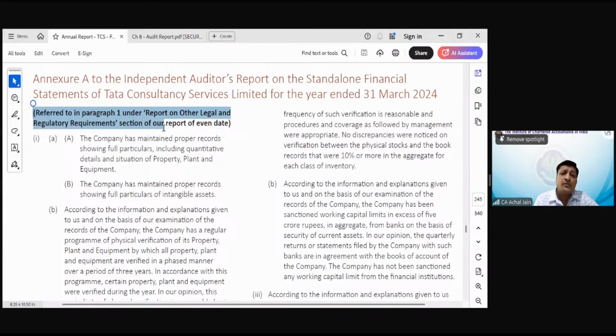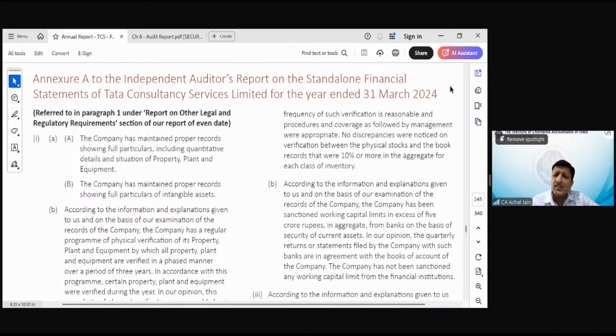It says this Annexure A is referred to in para 1 under the report on other legal and regulatory requirements section of our report of even date. The main audit report gives a reference to the annexure, and the annexure gives a reference to the main audit report, so a linkage between the two is established. Otherwise, the user will get confused.